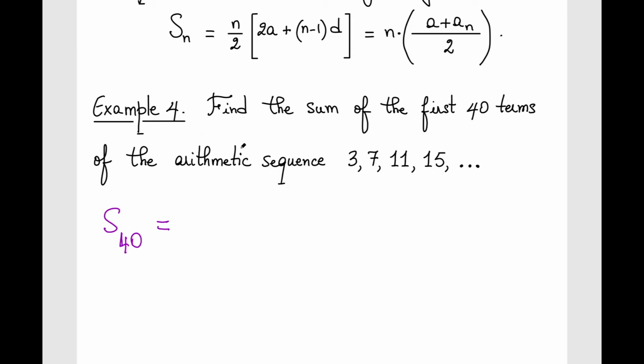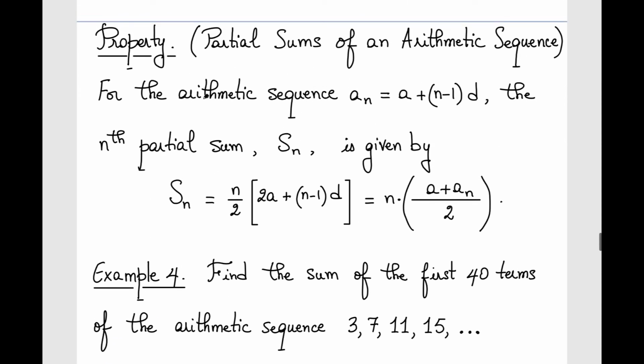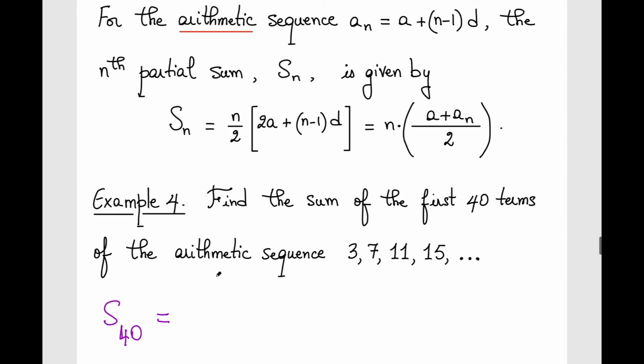Keep in mind, this property holds as long as we're talking about an arithmetic sequence. If the sequence is not arithmetic, you cannot apply this. Let me underline this for you so you don't confuse it with other things. We're only talking about arithmetic sequences in this property. And this is arithmetic.